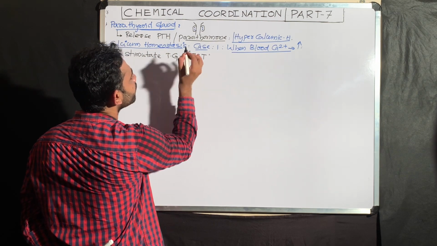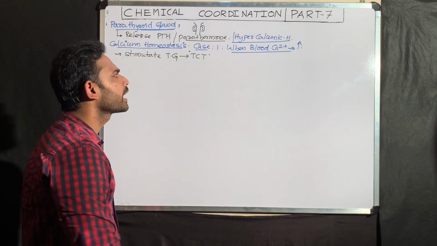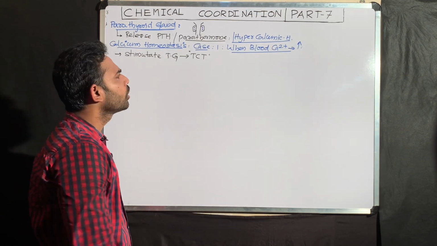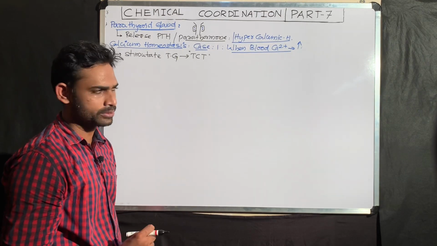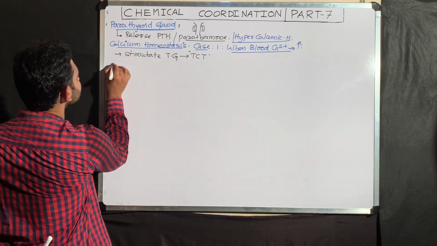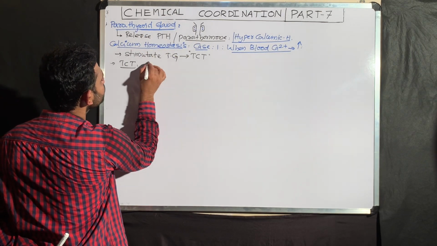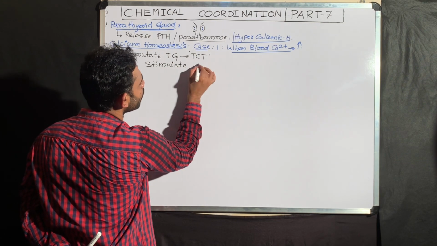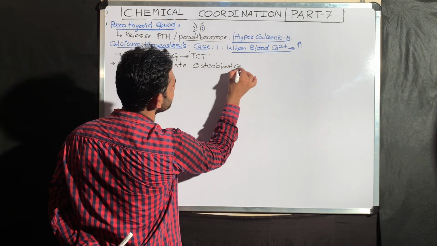What is the meaning of TCT? Thyrocalcitonin. Thyrocalcitonin is released into the blood when the blood calcium level is high. So how does thyrocalcitonin or calcitonin decrease the blood calcium level? Simply, TCT stimulates or activates osteoblast cells.